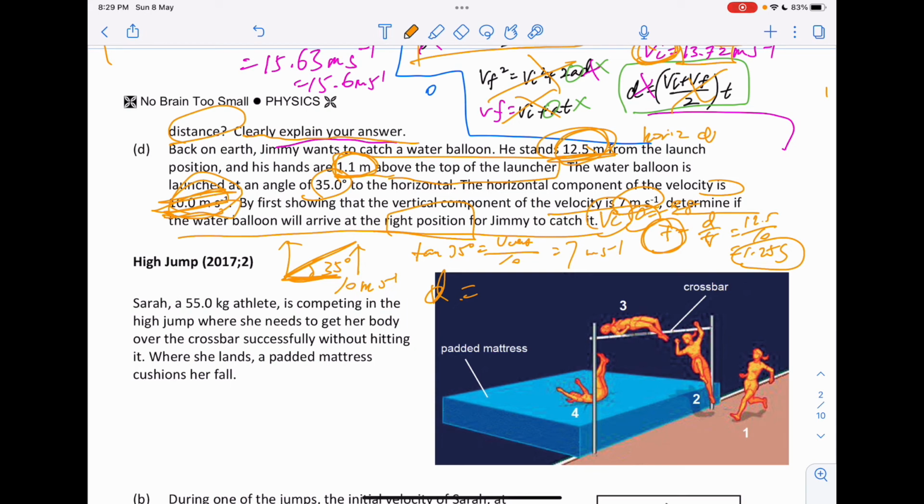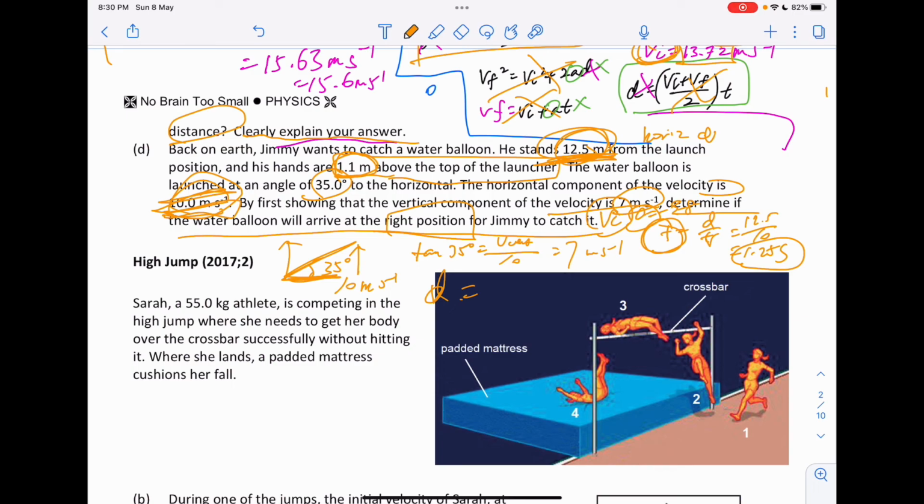We have to show it's in the exact position, because if after 1.25 seconds it's at 12.5 meters and it's not 1.5 meters above the top of the launcher, then it is not at the right position. We're going to determine if it's much higher or much lower than 1.1.